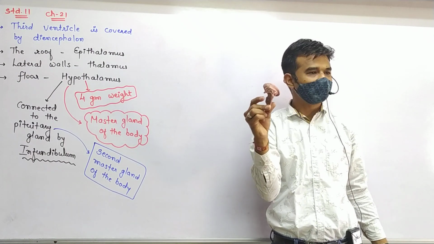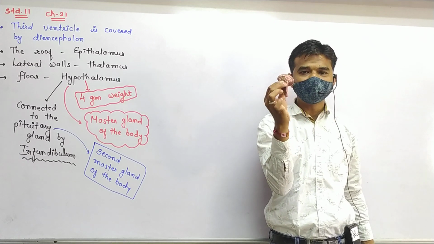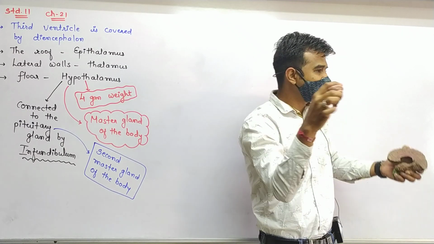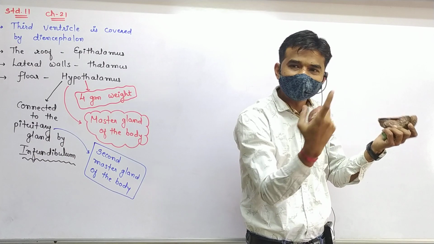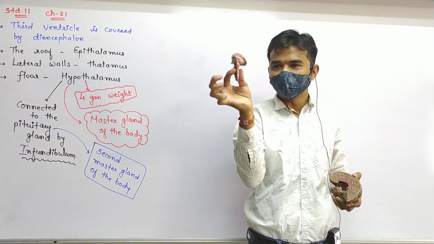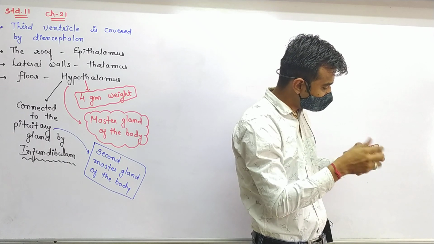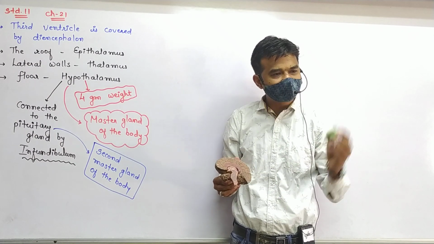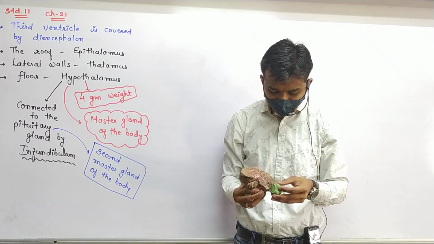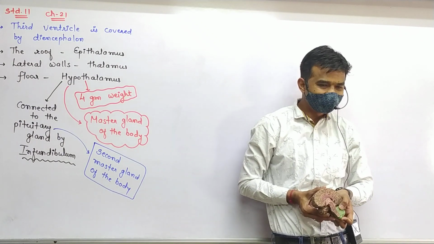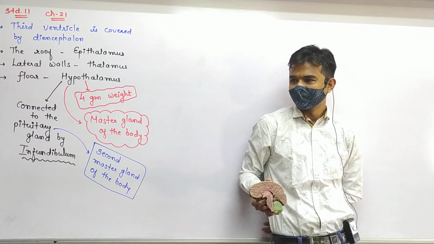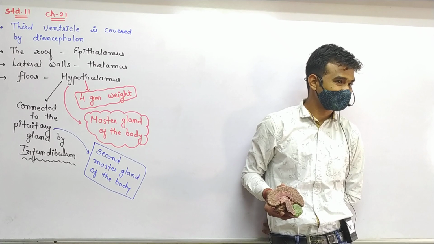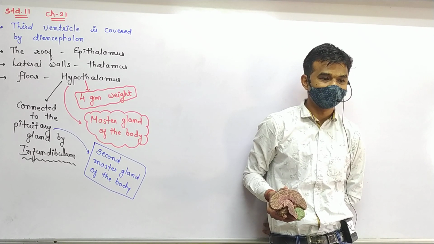Just above the pons is the midbrain, and the midbrain is totally covered by the cerebrum. Exactly behind the pons, the cerebellum is situated. In this way the diagram is given there. Clear? Understand it?